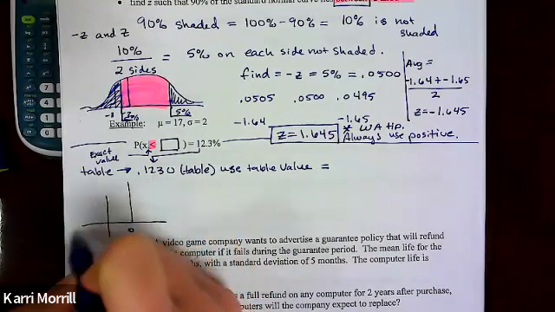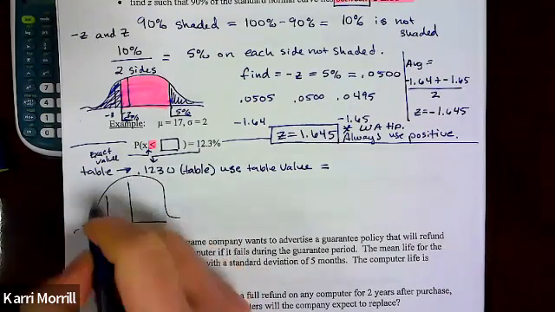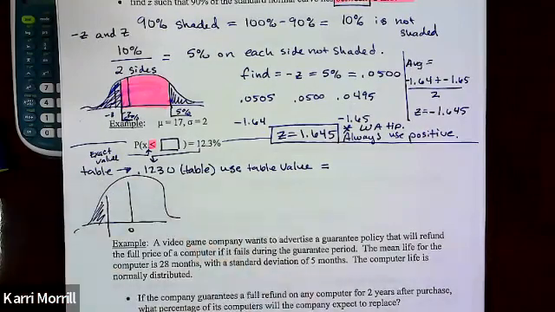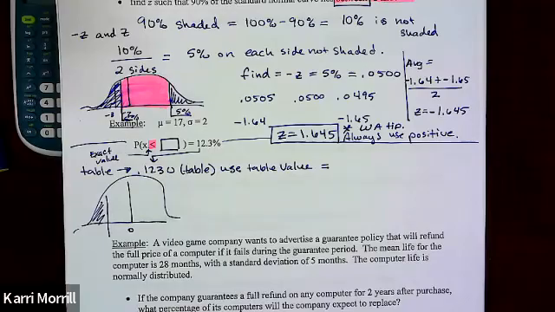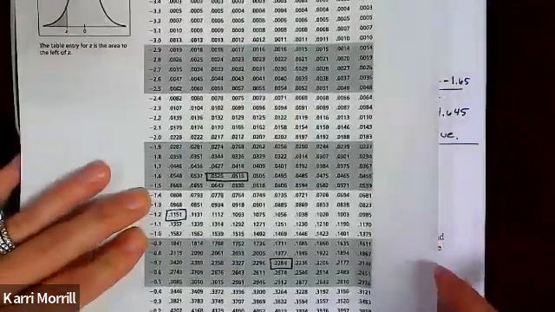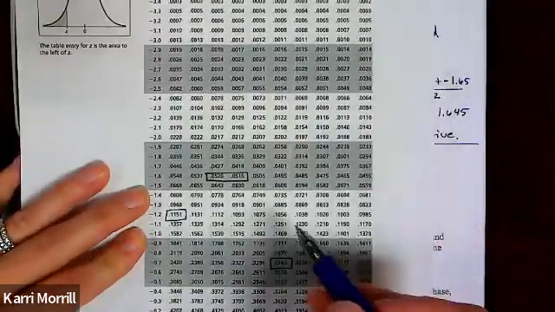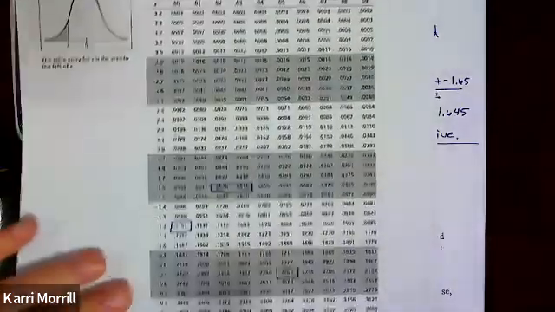That's going to be somewhere over here, so it's going to be in the negative z values. That's how you know how to find it. You still go back to understanding the percentages that separate your bell curve, that empirical rule. So we're going to go find 0.1230.